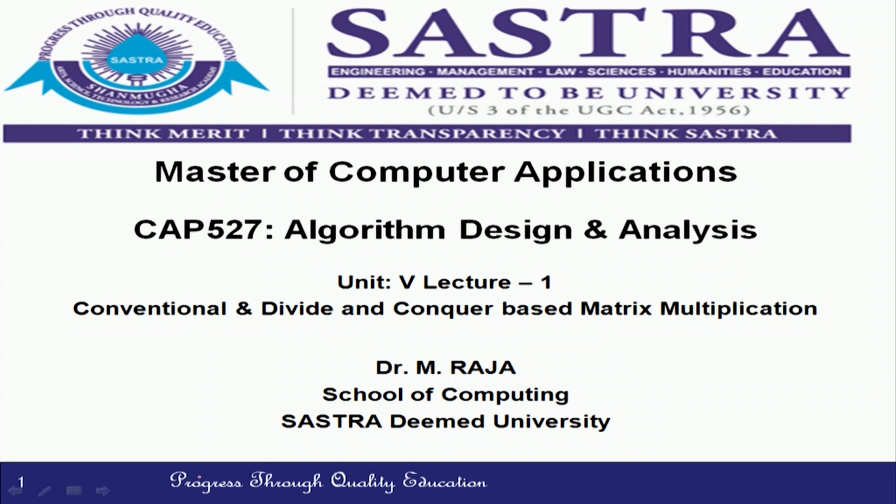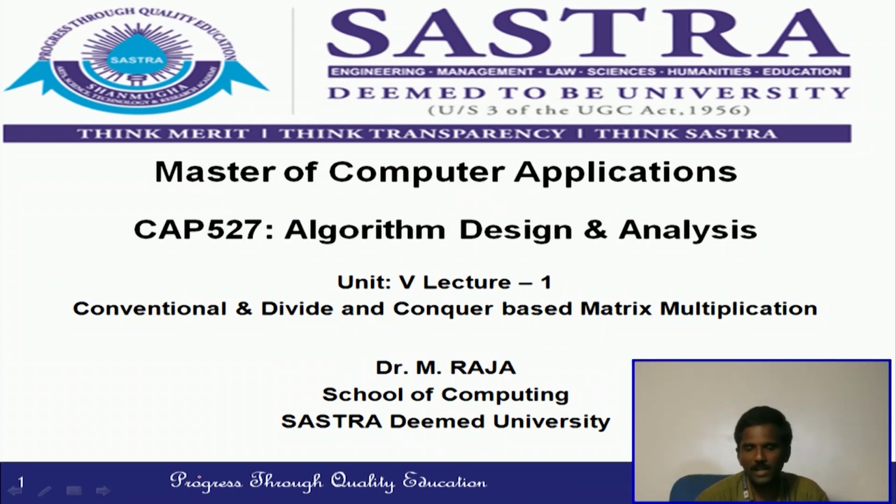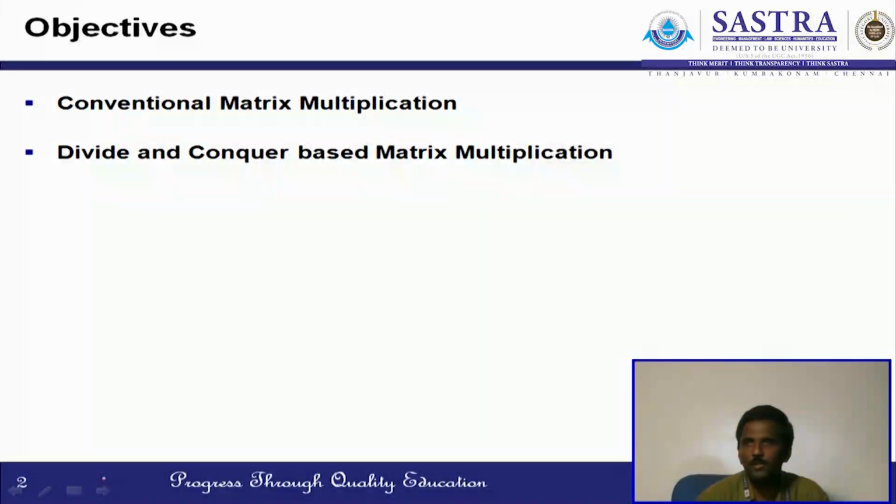In this session, we focus on matrix multiplication algorithms. We would like to focus on how to find the product of two matrices using the conventional matrix multiplication method. Then we need to focus on how to find the product of two matrices using the divide and conquer based matrix multiplication method.